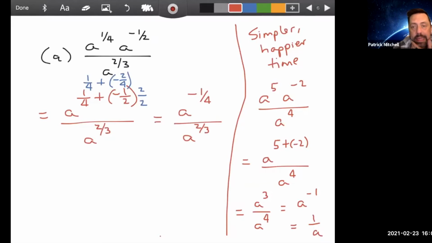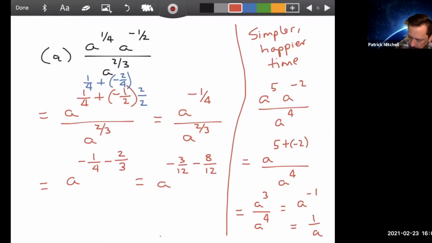All right, so now I can use my quotient rule. When you divide 2 powers, you subtract the exponents. So that's going to be a to the power negative 1/4 minus 2/3. Once again, we have to get a common denominator, which would be 12. So we'll rewrite that negative 1/4 as negative 3 over 12. We'll rewrite the negative 2/3 as negative 8 over 12.